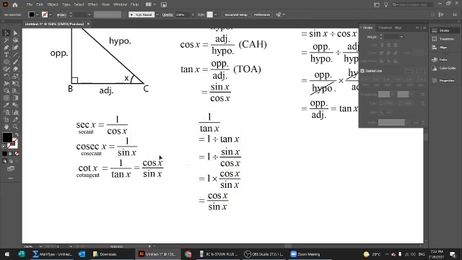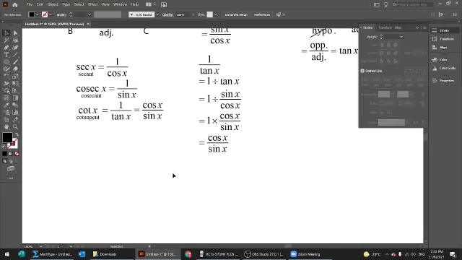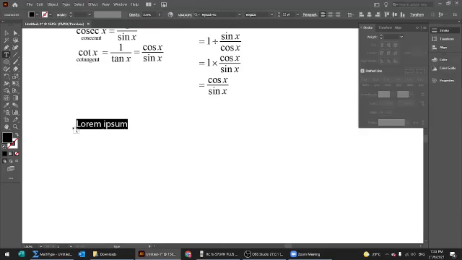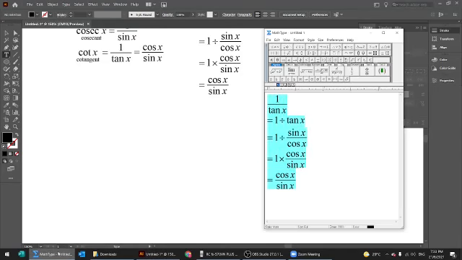So how do we use these kinds of things? To solve trigonometric questions, we need to use our calculator. Let me give you an example. I have sine x equals 0.678.